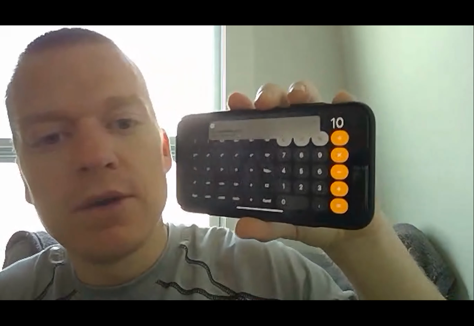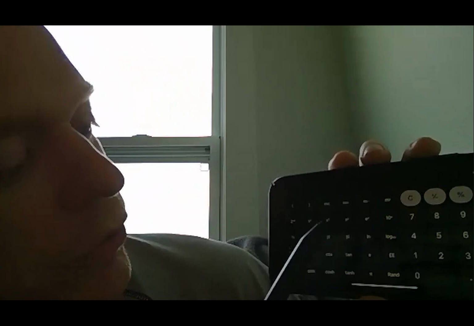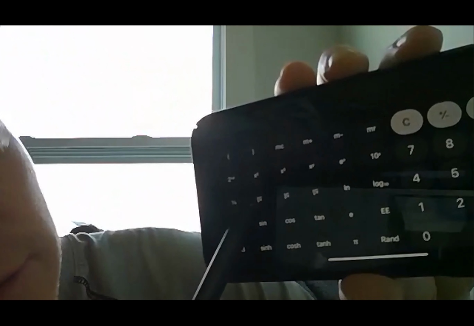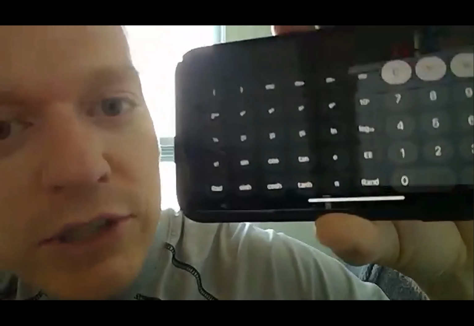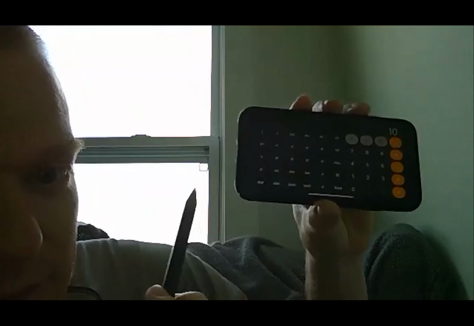Okay, here we go. Your square root button is going to be this one right here. Can you see that? Sorry, this is going to be challenging.